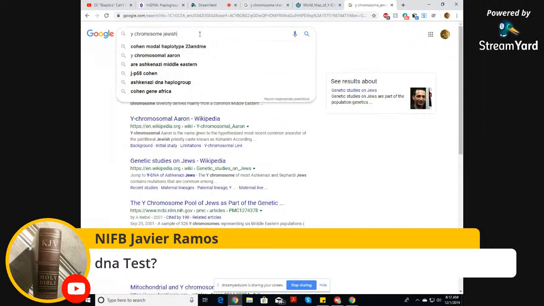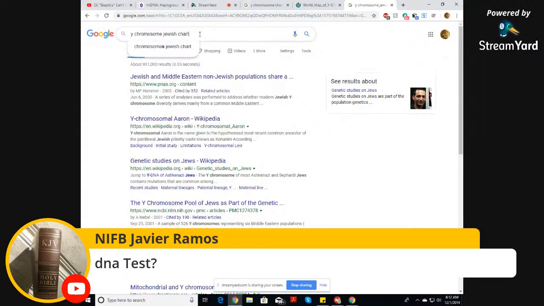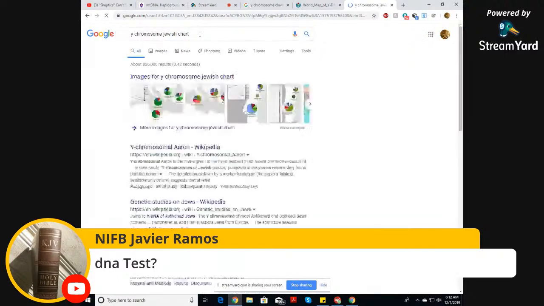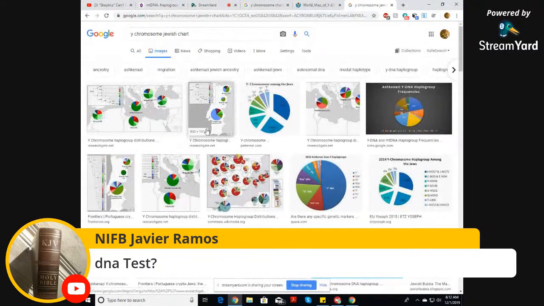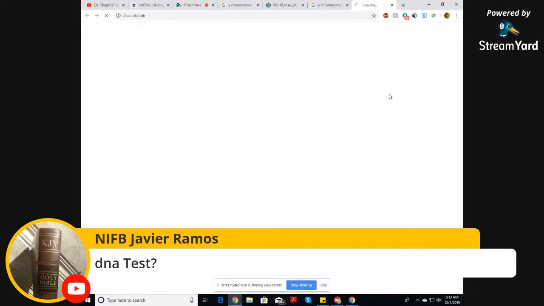I'll just go ahead and put chart here, and go to the images and see what we have. Y chromosome among the Jews. Here we go. This will work. Maybe.